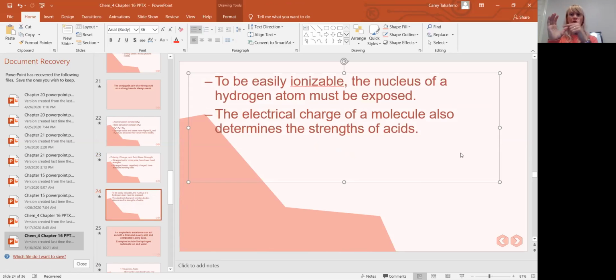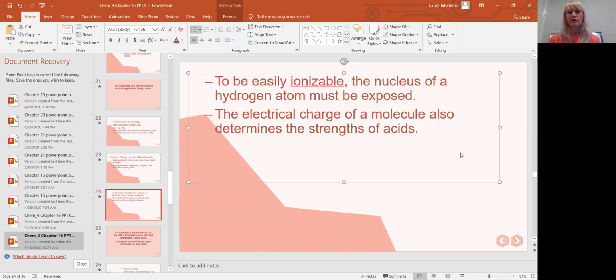Those electrons are hanging out toward this other atom that's not hydrogen, because the electronegativity difference pulls those electrons closer. This hydrogen atom says, I'm not as attracted to you as I thought, and it will pop off onto water. Okay, that's what it means. The nucleus of the hydrogen atom must be exposed. Those electrons aren't surrounding it, or the electron isn't surrounding that nucleus. It's being pulled in a tug of war towards that most electronegative atom.